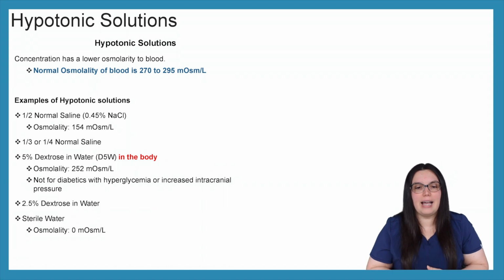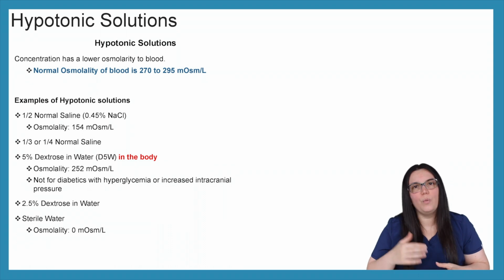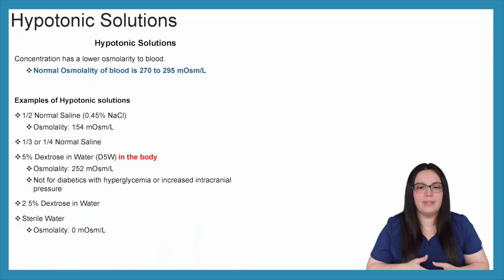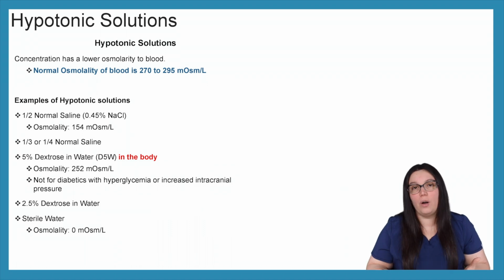It has an osmolality of 252, and it's not really recommended for diabetics with hyperglycemia or an increase in intracranial pressure. We have 2.5% dextrose in water as well as sterile water. The sterile water has an osmolality of 0.